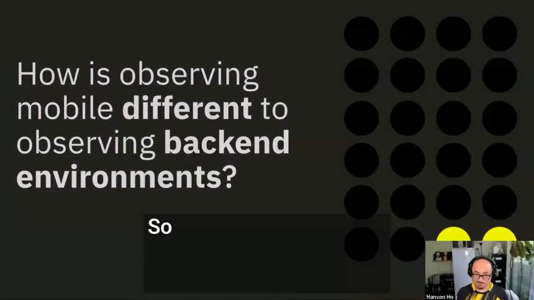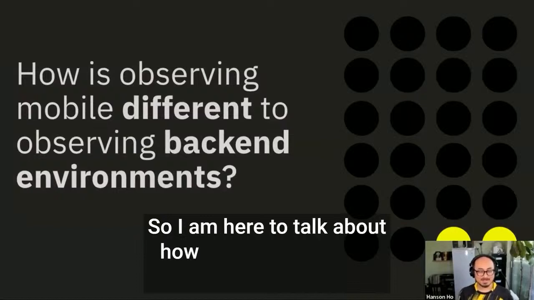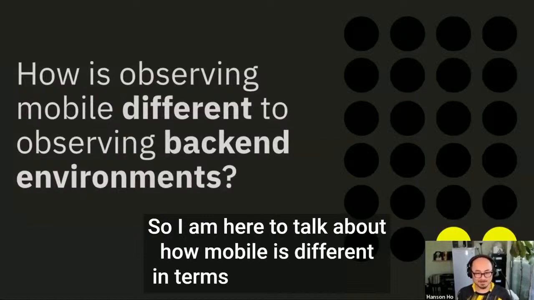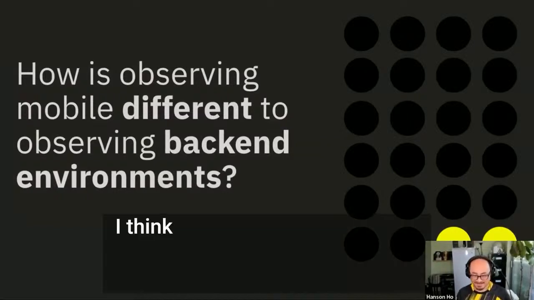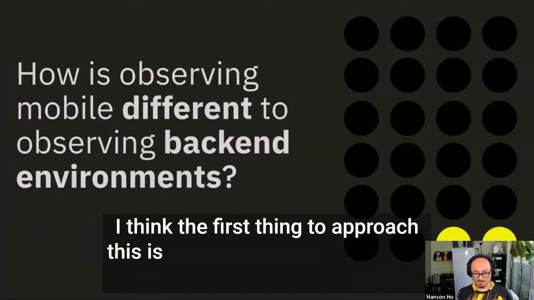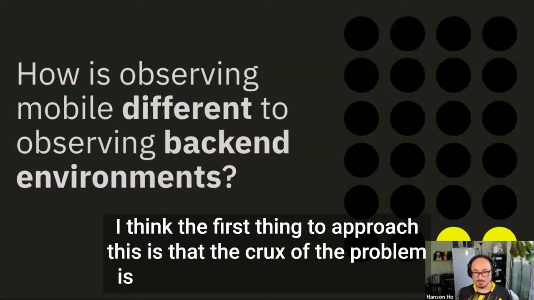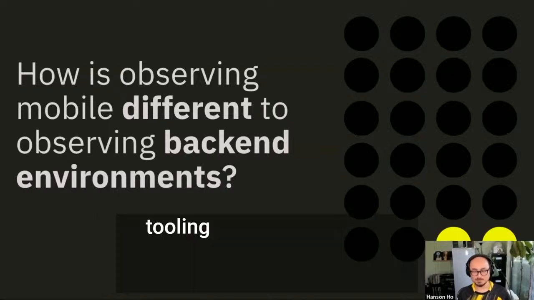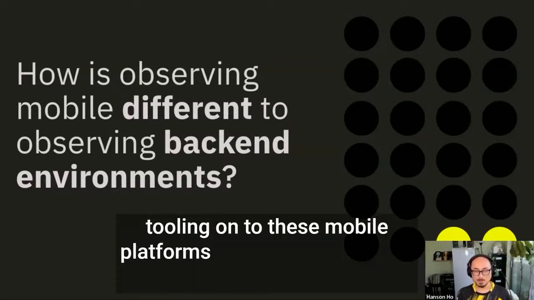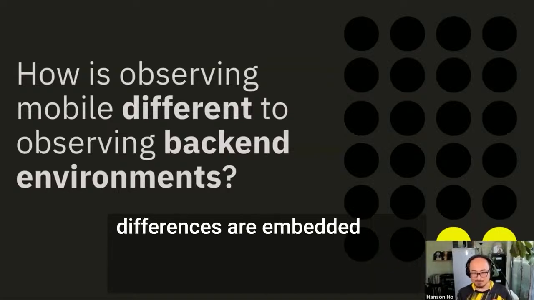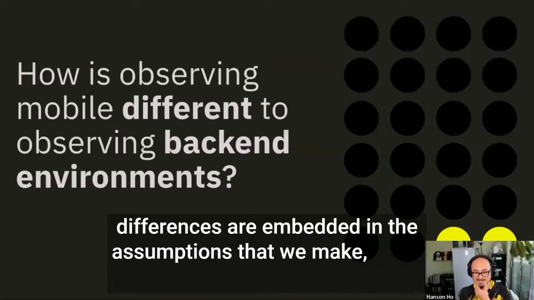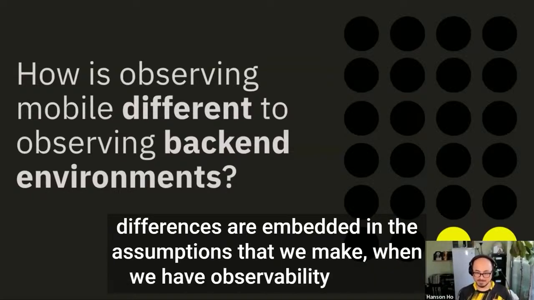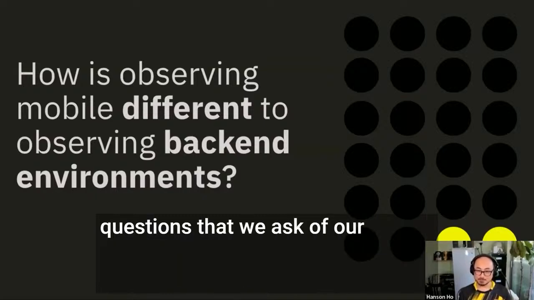Thanks, Eliab. So I am here to talk about how mobile is different in terms of observability. I think the first thing to approach this is that the crux of the problem is not actually about simply moving tooling onto these mobile platforms and making them run, because there are fundamental differences embedded in the assumptions that we make when we have observability and the questions that we ask of our tooling.